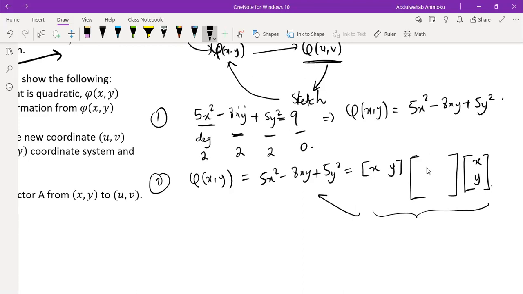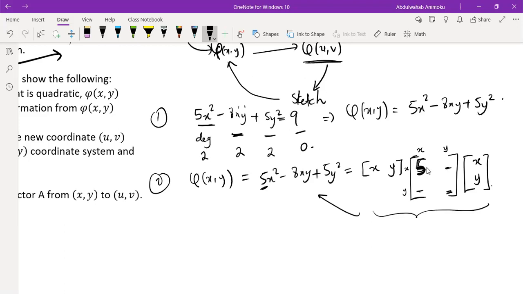Notice that in this matrix, we have x and y here, and x and y here. So this entry will determine xx, which is x squared. The last one will determine y squared. This place will determine xy, and this place will also determine yx, which is the same as xy. So we look at the coefficient of x squared, which is 5, and bring it to be the entry for xx.